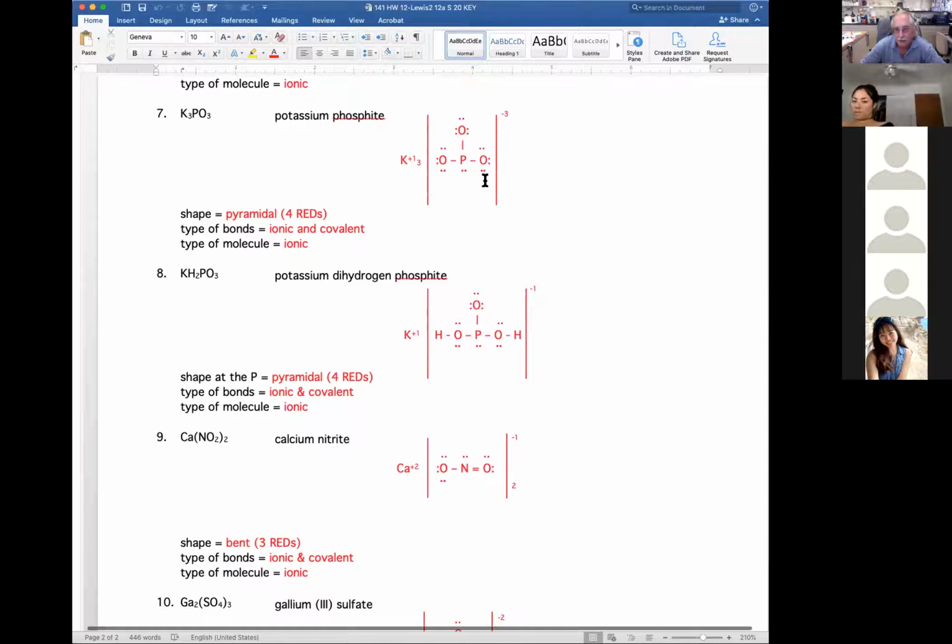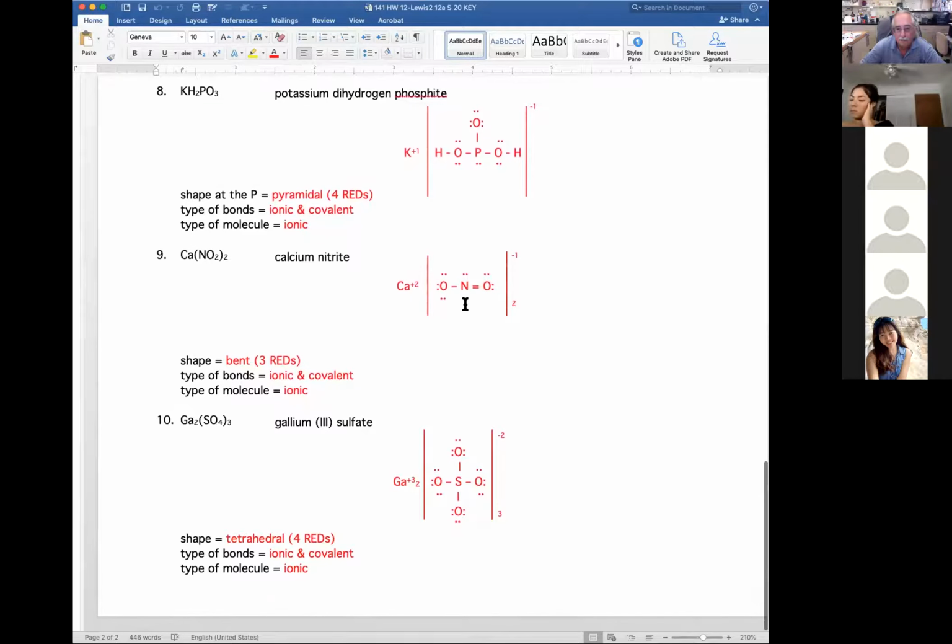So is phosphite itself symmetrical? No, but it doesn't matter. Is this symmetrical? No, because this part is not symmetrical. Is this symmetrical? No. What about this one?